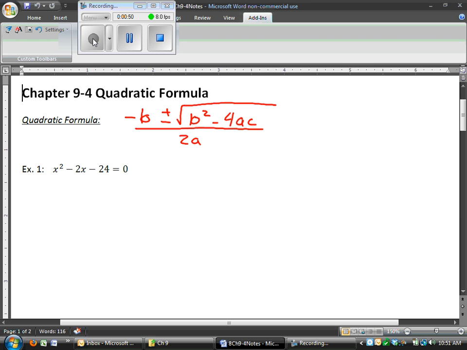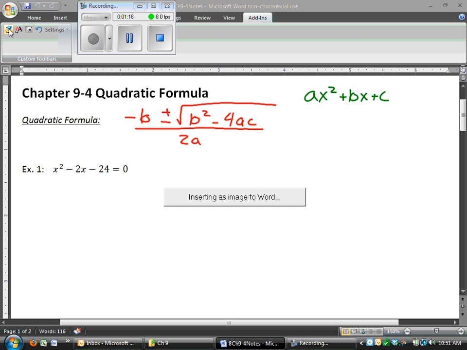Some of you are still probably looking at that and thinking, what are all these a, b's, and c's? Remember, a quadratic equation is ax squared plus bx plus c. That's where the a, b's, and c's come from. So if you haven't learned that by now, you better get on that. That a comes in front of x squared, b comes in front of x, and c is added on or subtracted on at the end.